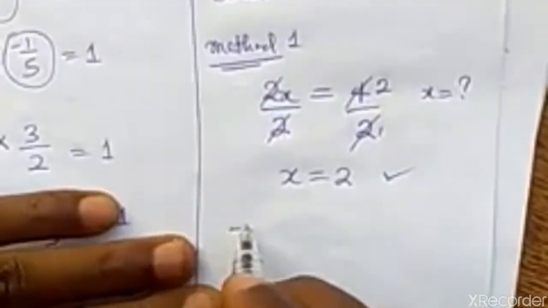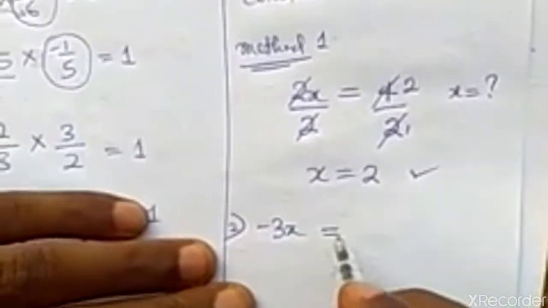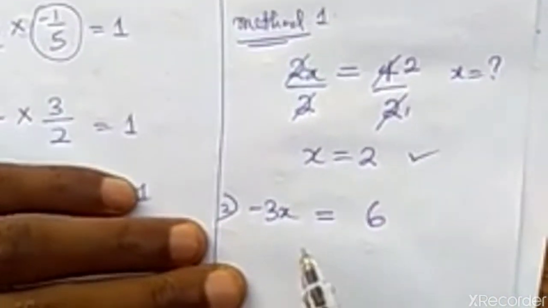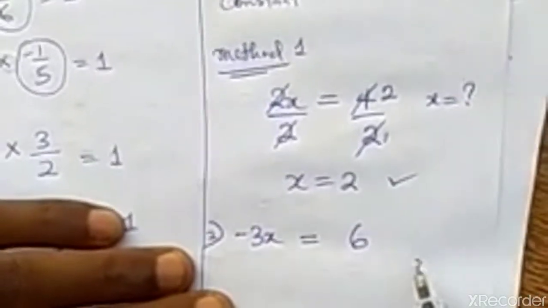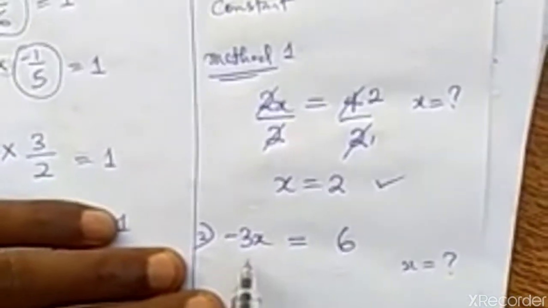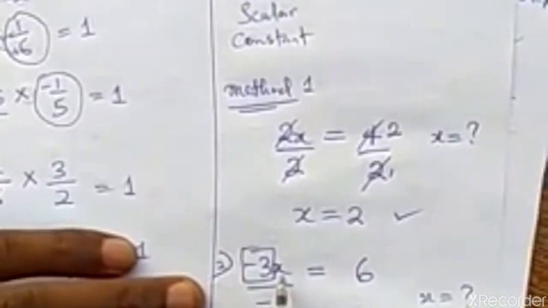That is all. Another example, example 2: minus 3x is equal to 6. What are we going to divide both sides with to find what x is? We divide both sides by minus 3, because it is minus 3 that is holding x.